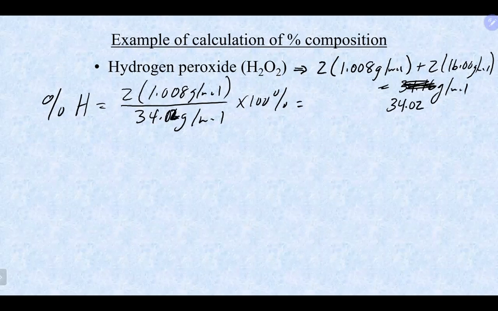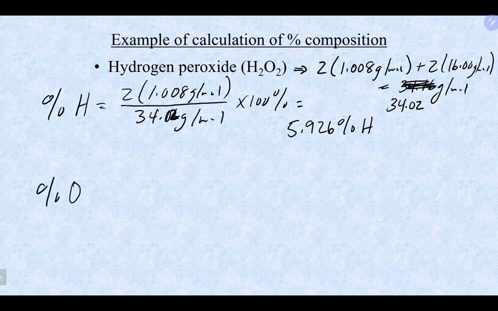Getting old, I can't read the calculator anymore. All right, so we're going to take 2 times 1.008 divided by 34.02. We're going to times it by 100. If I didn't mess up any numbers here, this should be 5.926% hydrogen by mass.